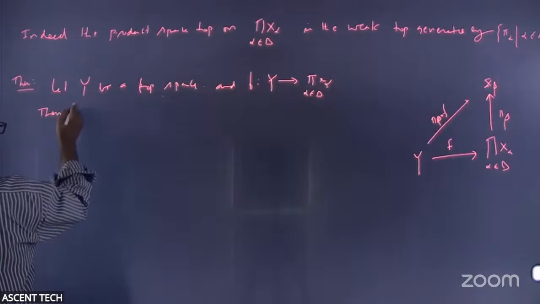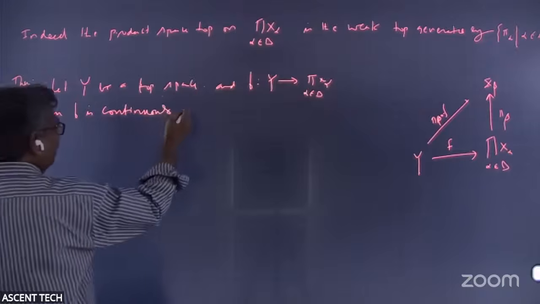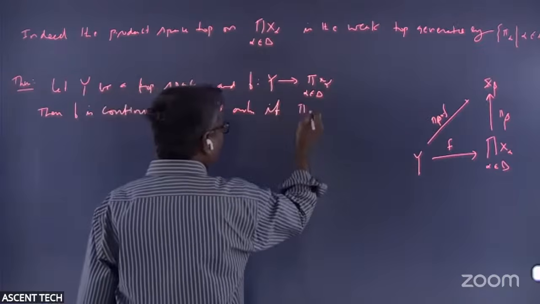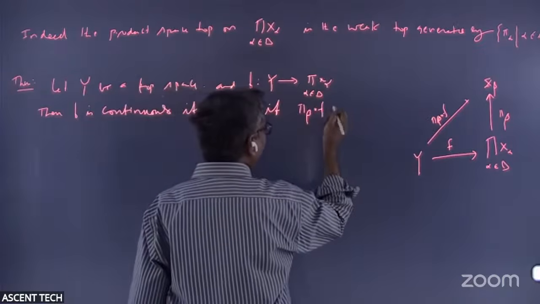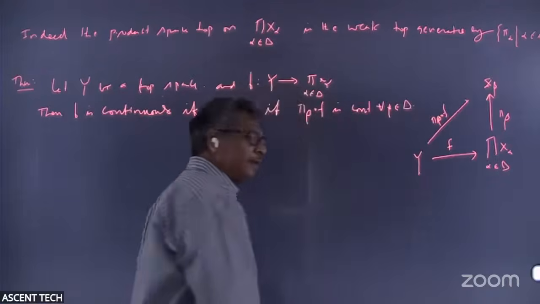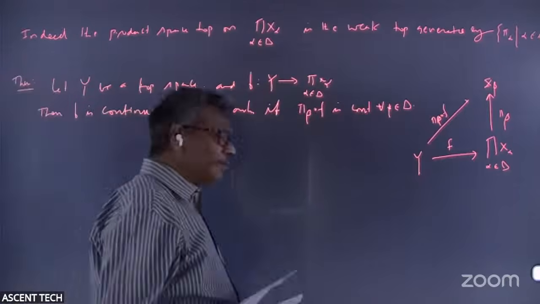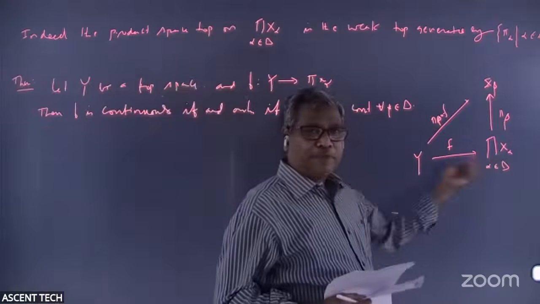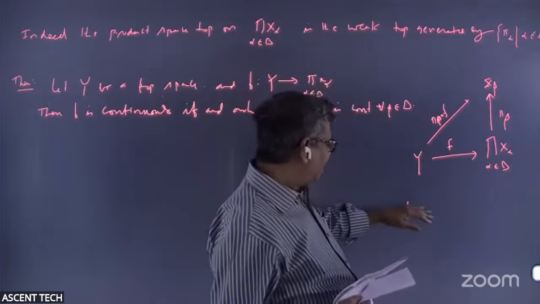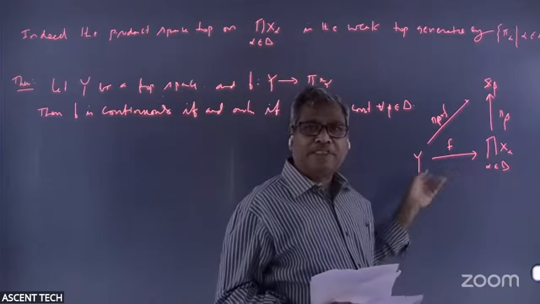Then f is continuous if and only if pi beta circle f is continuous for every beta in delta. Yeah, I think that is also very clear. If f has to be continuous, the inverse image of open sets must be open sets here. Actually, inverse image of subbasic open sets is good.